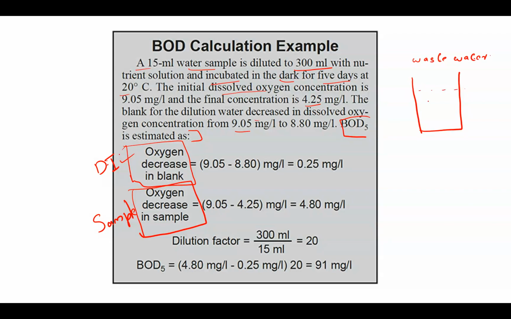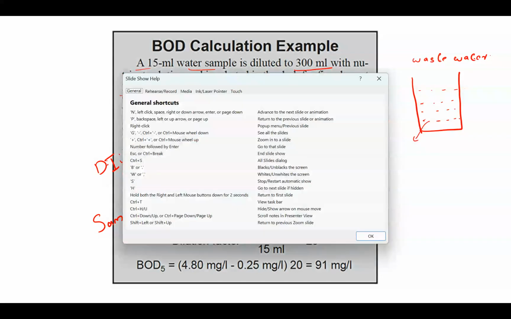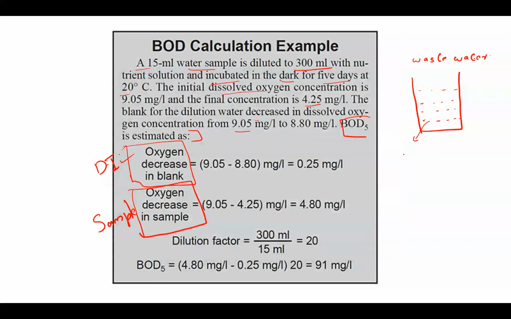But if your sample is very concentrated, meaning your wastewater is very tedious, then you have to dilute it. So for that, you take the wastewater and dilute it to make our measurement within the range.